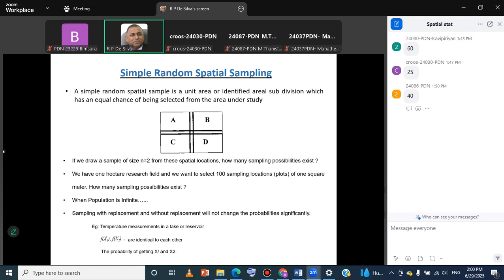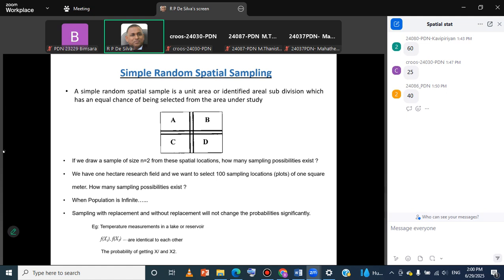Right? So it is like sampling with replacement, because when there are an infinite number of places where you can take the temperature measurement, your temperature measurements are infinite in number. So then there's no problem.